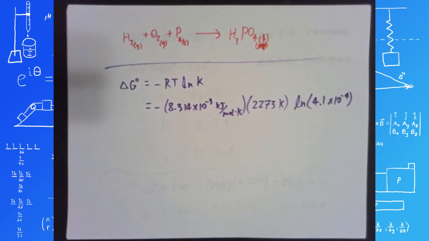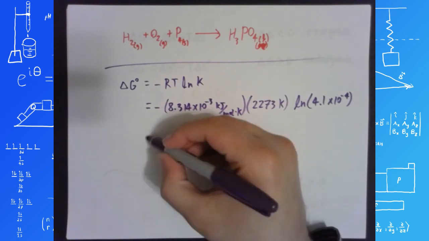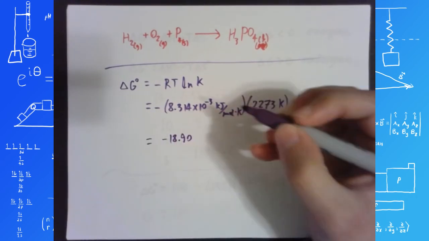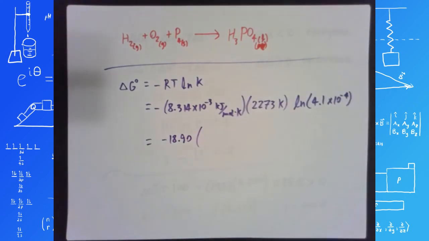All right. That gives us negative 8.314 times 10 to the negative 3 times 2273 is negative 18.90, times ln of 4.1 times 10 to the negative 4.